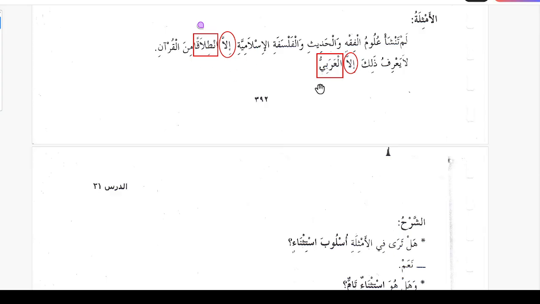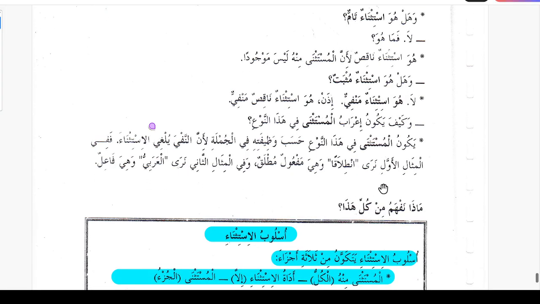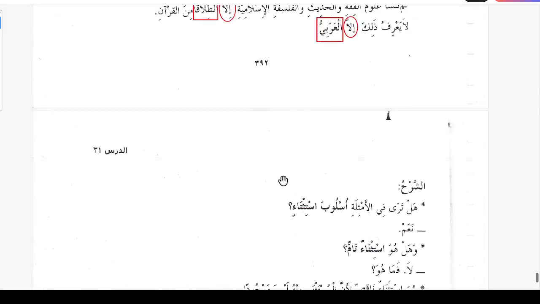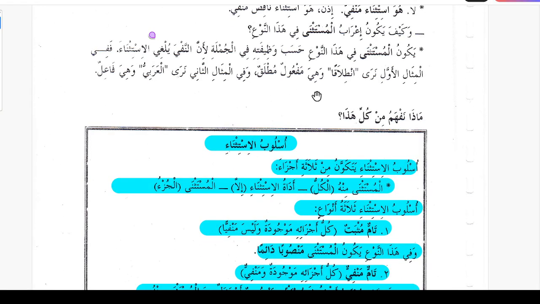Whatever the i'rab of this word is in the sentence, that is going to be the i'rab of the mustasna, because in this sentence the negation is cancelled by the istisna. In the first example we see inTilaqan, which is maf'ul mutlaq, so that is why it is mansub. In the second example we see al-arabi, which is fa'il, so that is why the mustasna is marfu'.